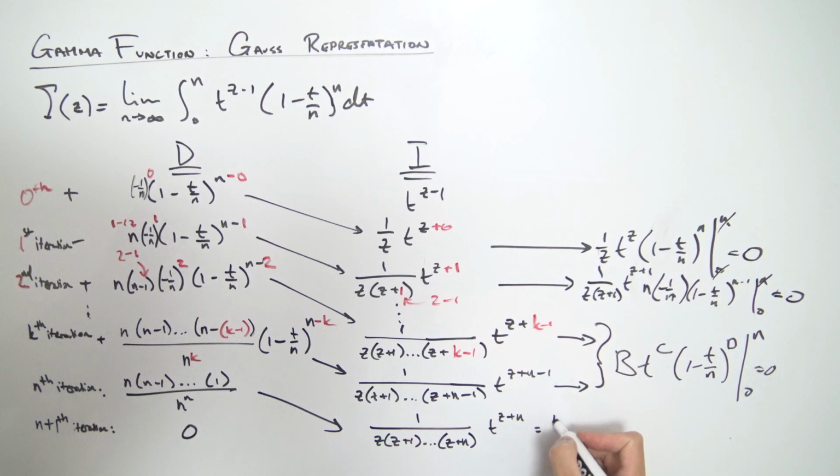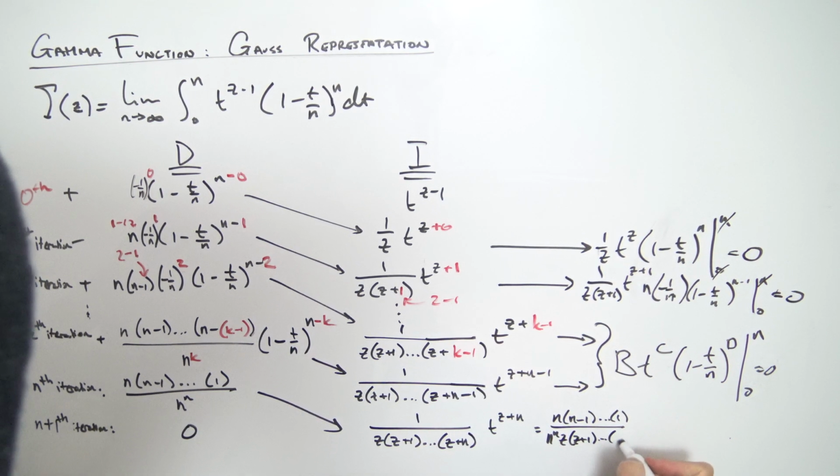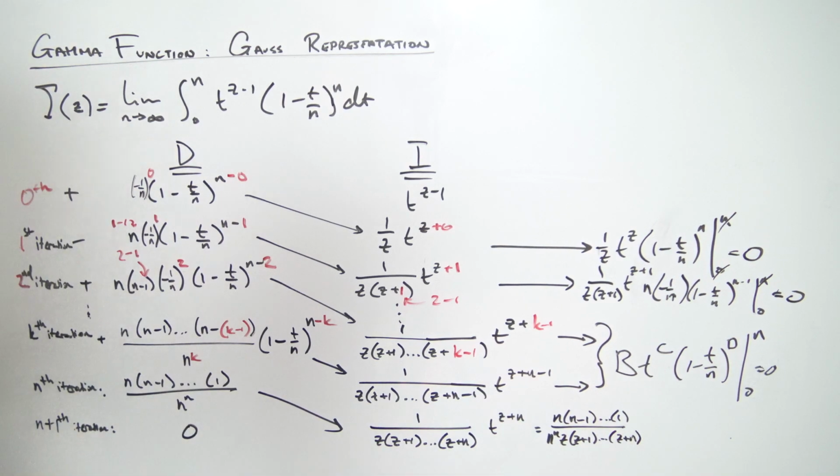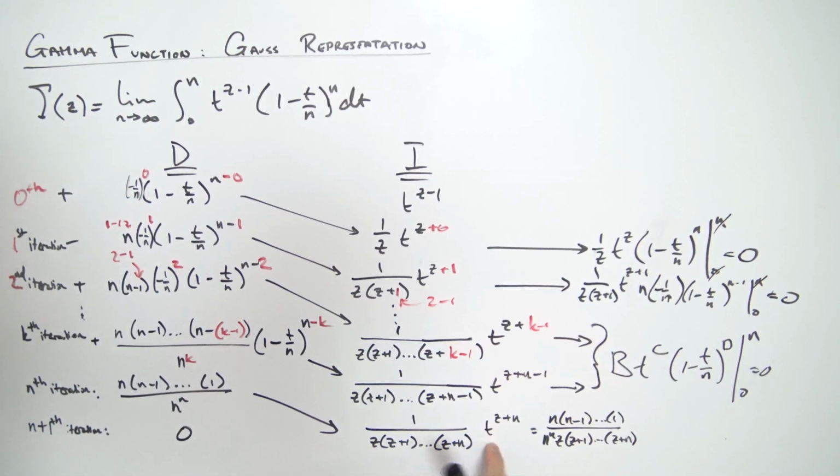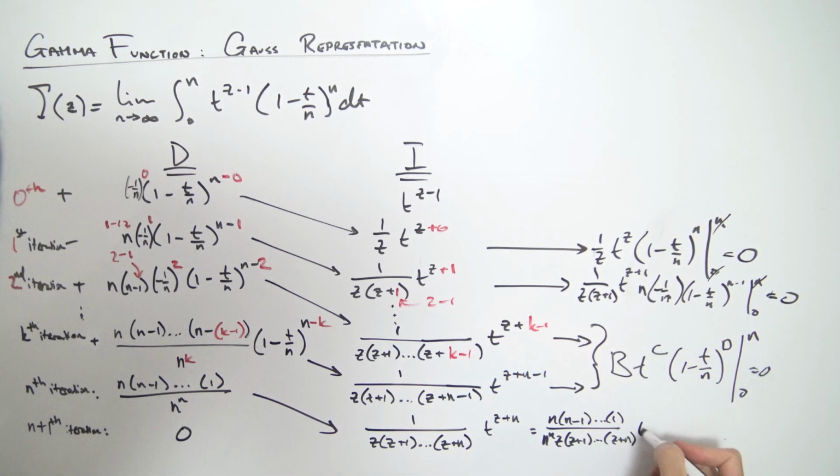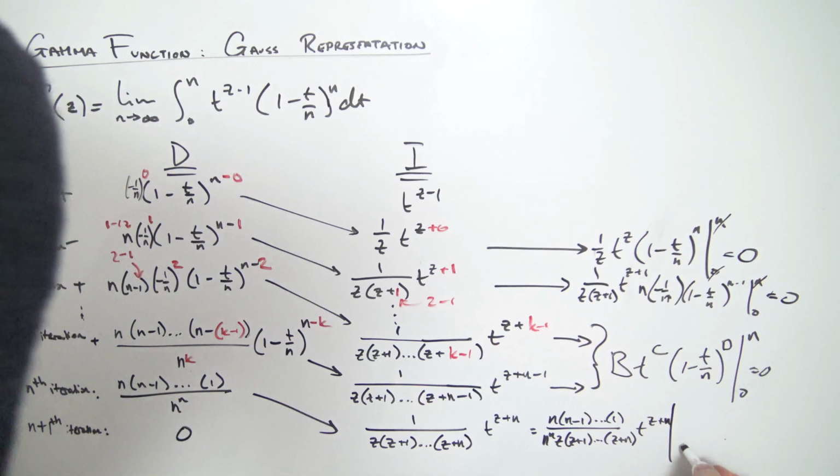But we're going to get n, and then n minus 1, dot dot dot, 1, over, now I want to put this n to the n here, so n to the n, and then we also have z, and then z plus 1, dot dot dot, z plus n, and then we multiply by t to the z plus n, like so, and we evaluate this from 0 to n.